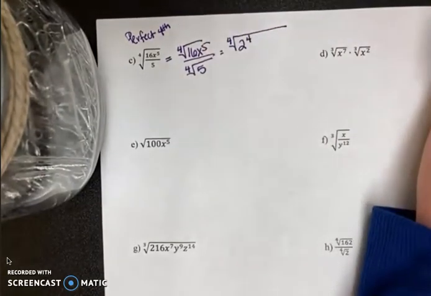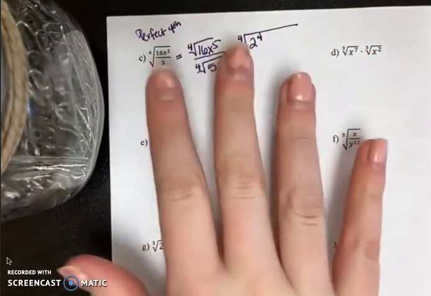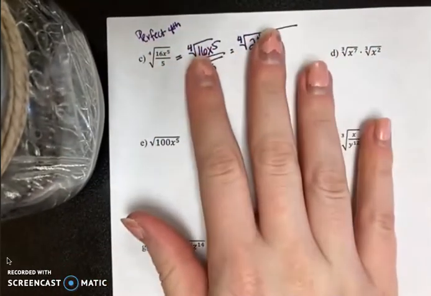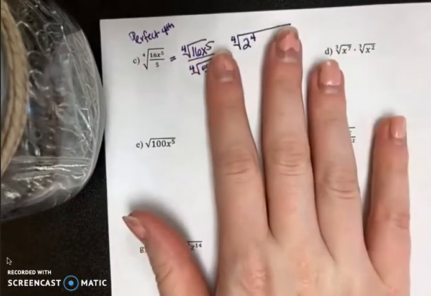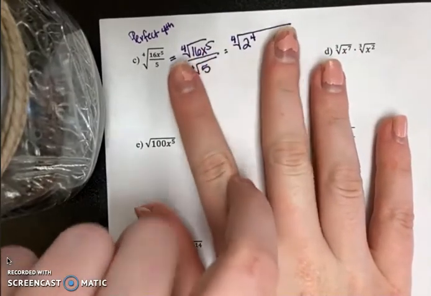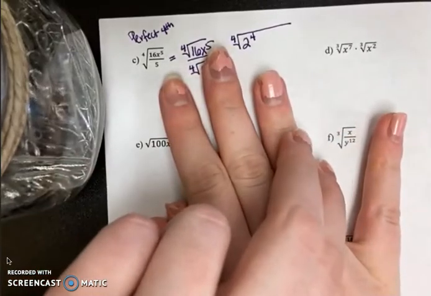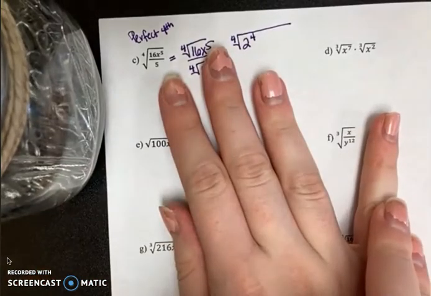X to the 5th, remember that just means we have 5 x's. I normally do this in class, but it's kind of hard here. Okay, I have 5 x's. I'm going to pull out 4 of them. So 1, 2, 3, 4. These 4 make my x to the 4th power, and I have 1 left over.